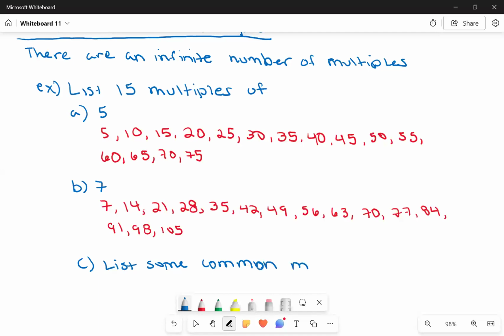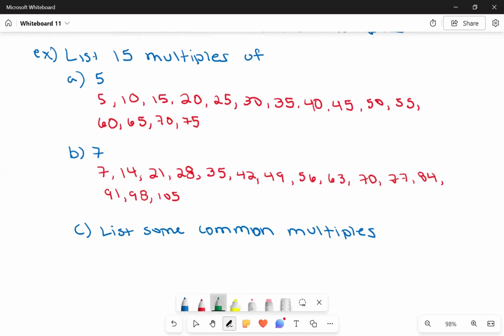Okay, so for 5 and 7, let's see. Well, definitely 35 and 70. Those are common multiples for these.